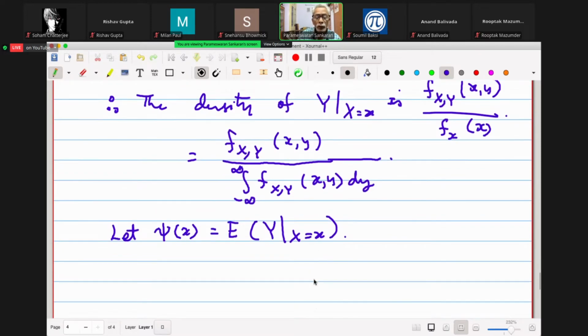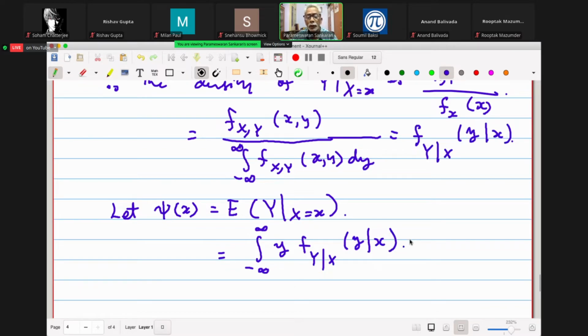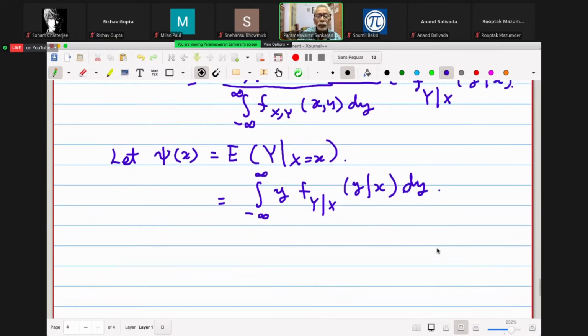Applying the definition, this becomes the integral from minus infinity to infinity of y times f of y given x, of little y given x, dy, by the definition of expectation. Of course, you can rewrite it by plugging in this value.